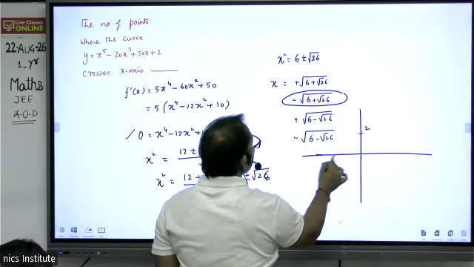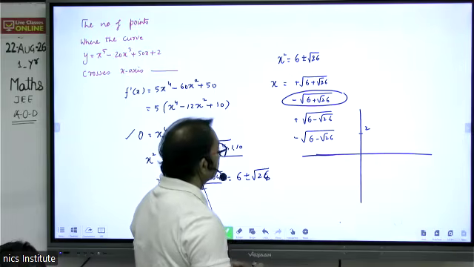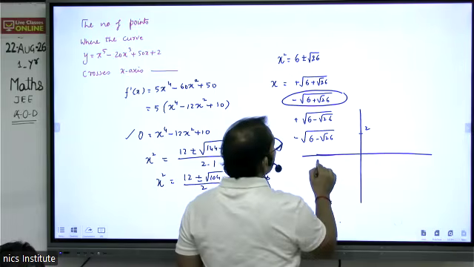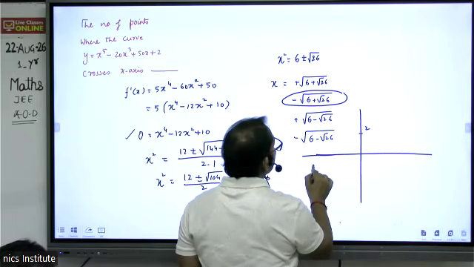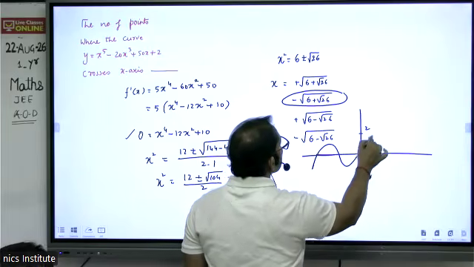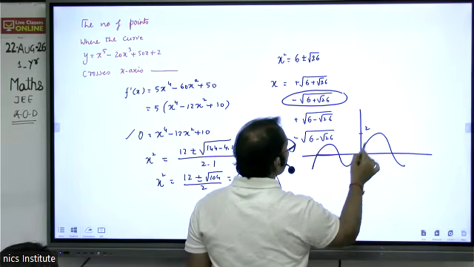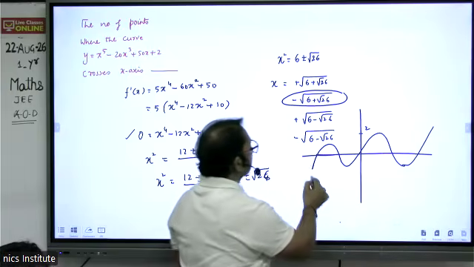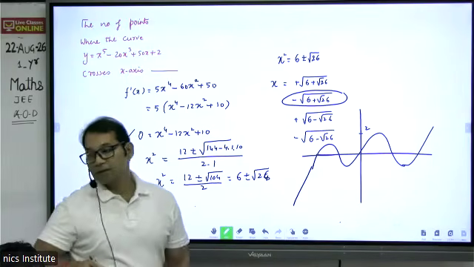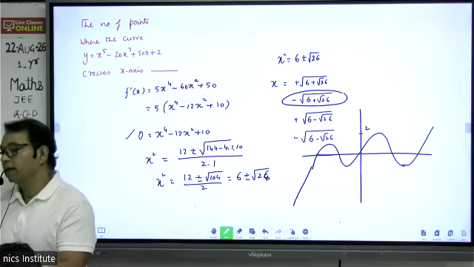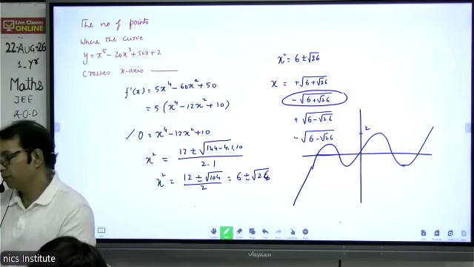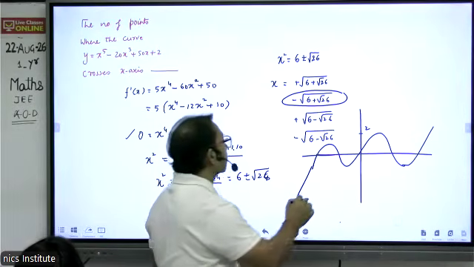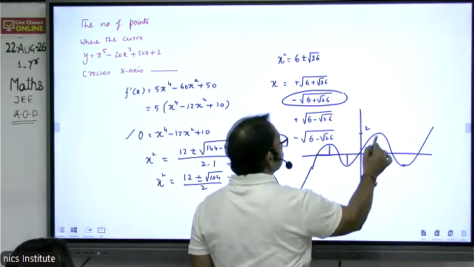So at 4 points, it has maxima and minima. The graph could be like this: 1, 2, 3, 4. There are 4 points of extremum.